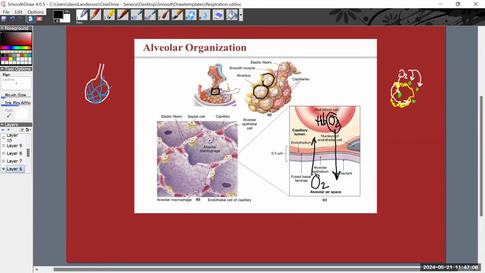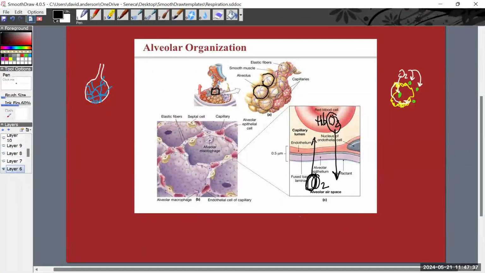So when we breathe in fresh oxygen, we've got lots of oxygen in the alveolus. When we deliver deoxygenated blood to the alveolus from the right side of the heart, it's relatively low in oxygen. So there's our concentration gradient. Simple squamous epithelium matched with another simple squamous epithelium makes the distance as short as is possible.